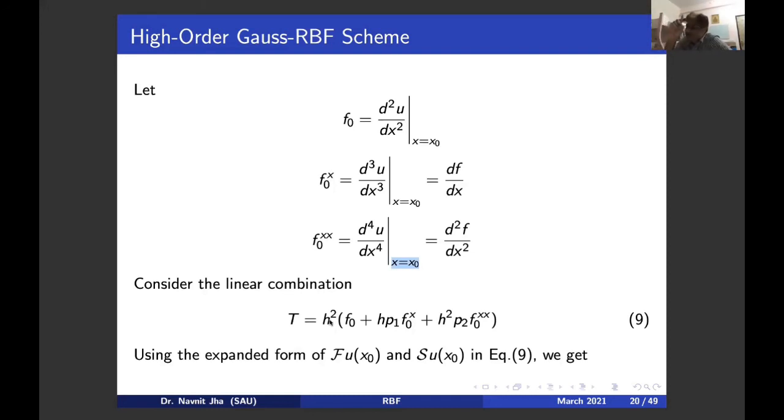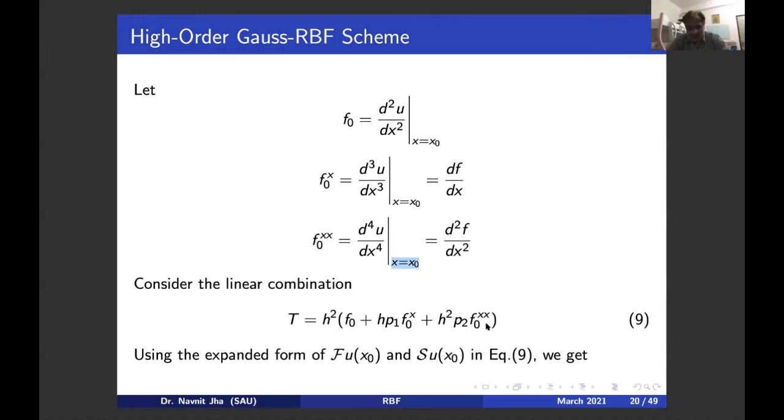And here I have h square multiplied throughout. Again, there is a question why I am multiplying h square throughout. But just excuse me for the time being. Can anyone give me the idea why I have multiplied h square throughout? See, f naught xx is basically d4u by dx4. It is the fourth derivative of u. F is basically nothing but the second derivative of u.